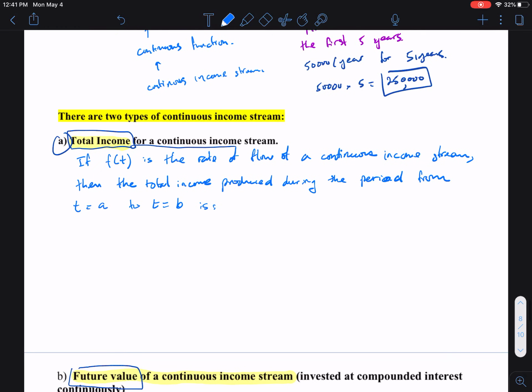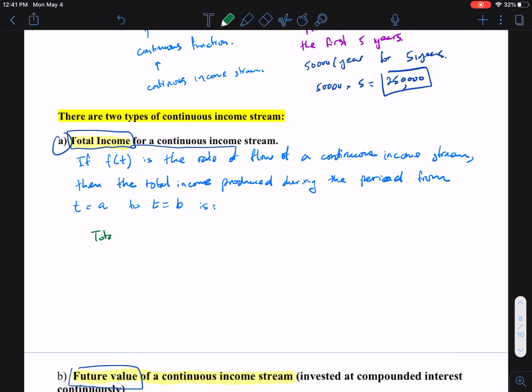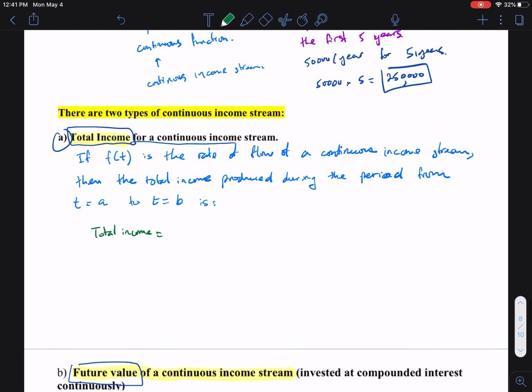To find that total income from A to B, that's just the definite integral from A to B of f of t dt.